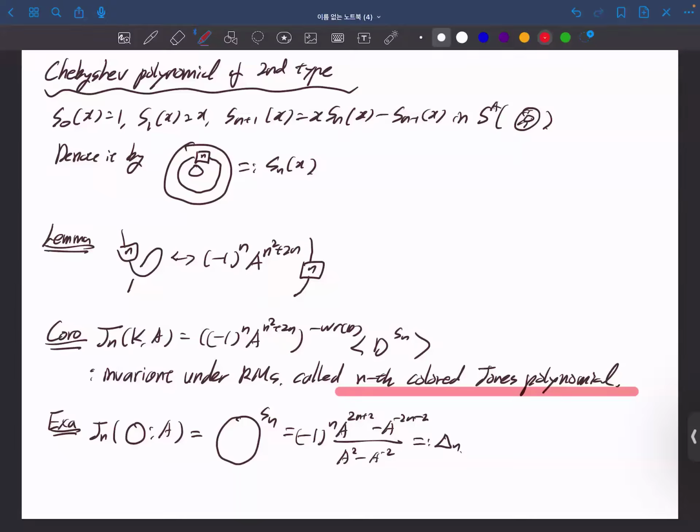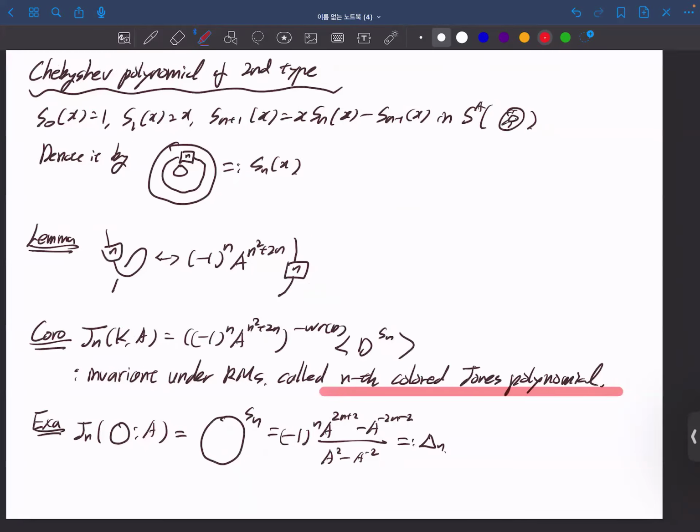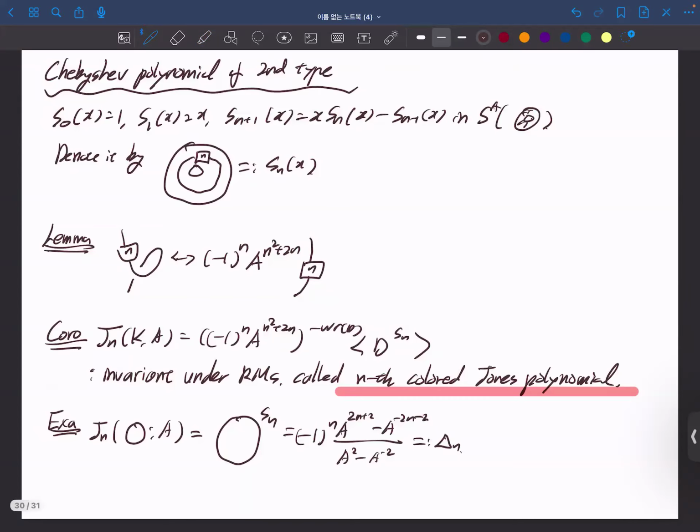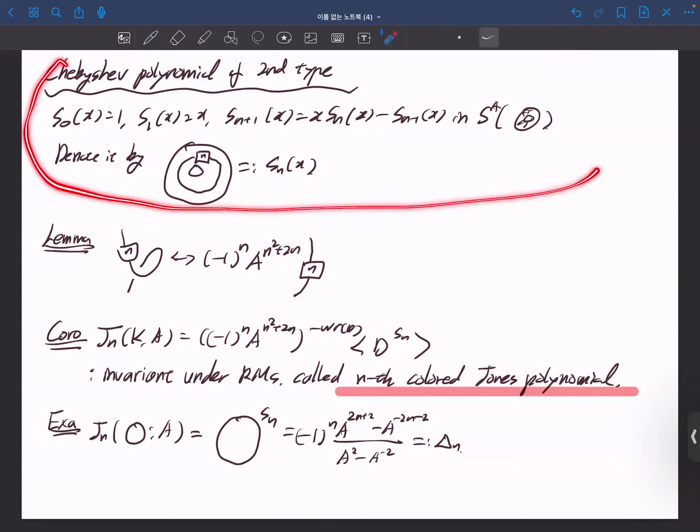Okay, I think time is almost finished, so let me write two or three sentences more. Here, the first one, I rushed a little bit, and maybe you wonder why the Chebyshev polynomial of the second type works.